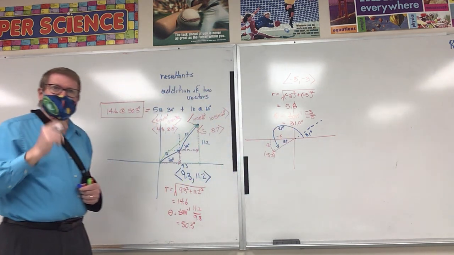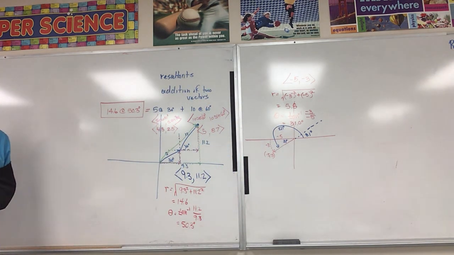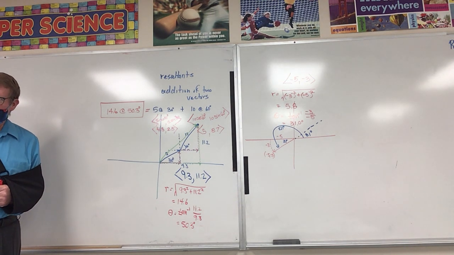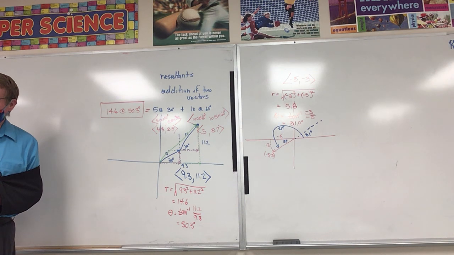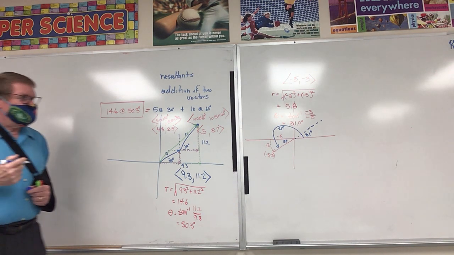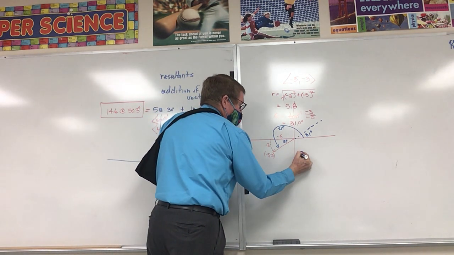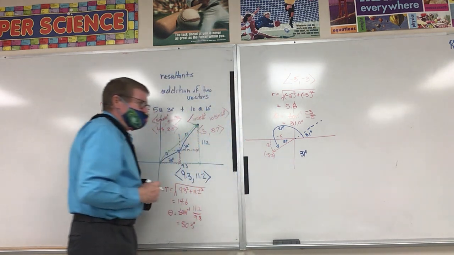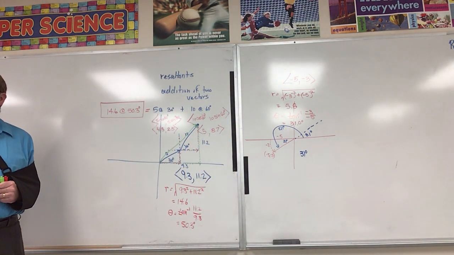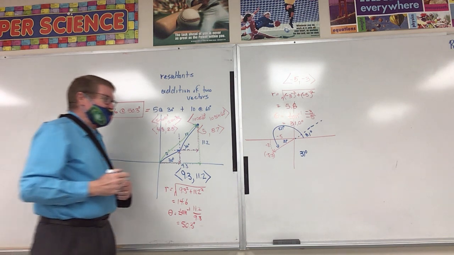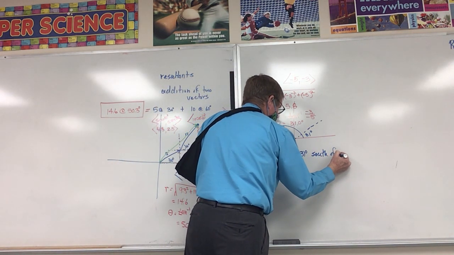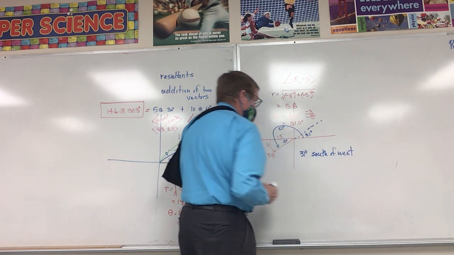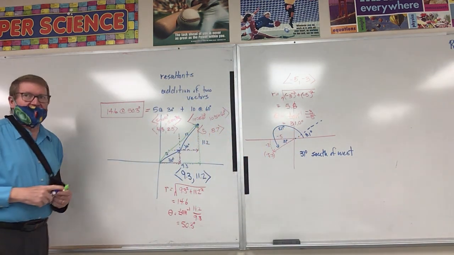211 degrees. But what if I don't want it in that form? What if I want it in directional form? What if I want it north of west or east of south or whatever? All right? So I could say that this is 31 degrees, and what direction would I do? South of west. Is how I would write that.